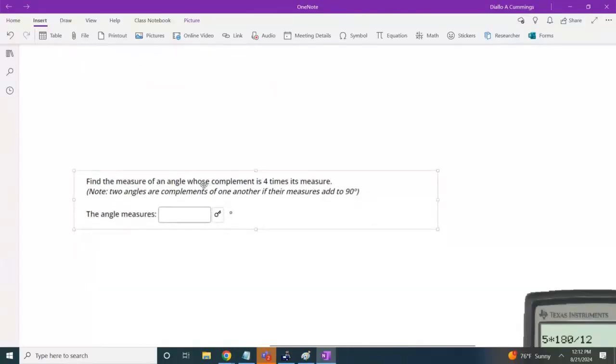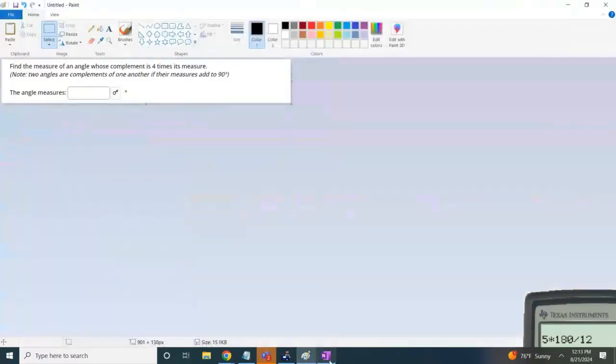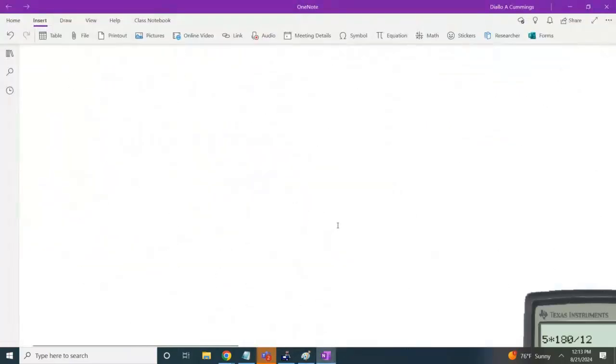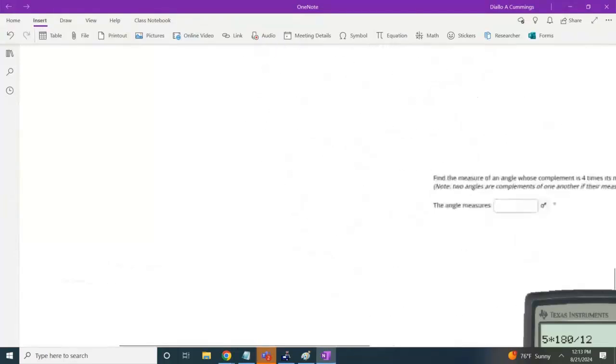It says, find the measure of an angle whose complement is 4 times its measure. Okay, and what did I just do?